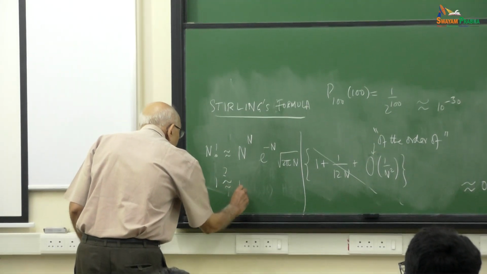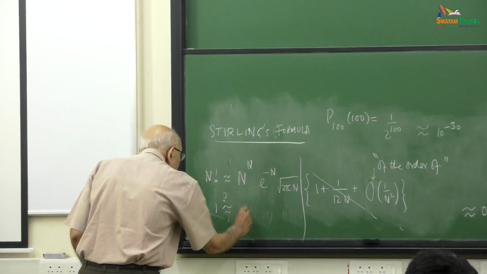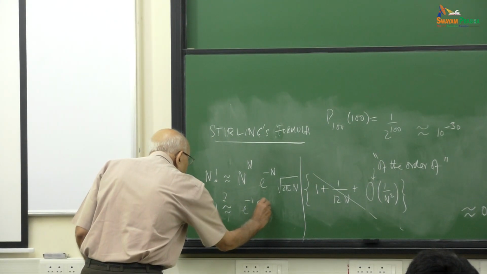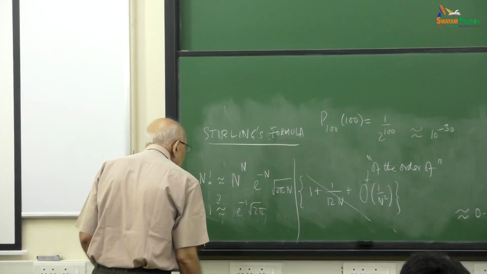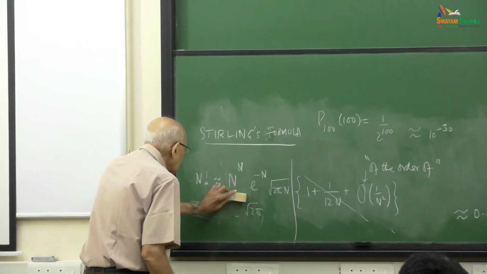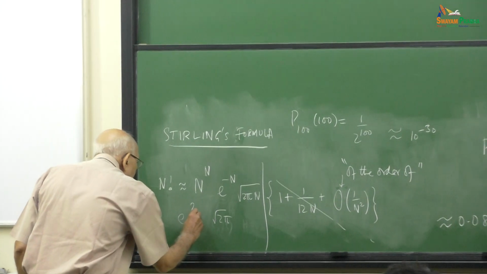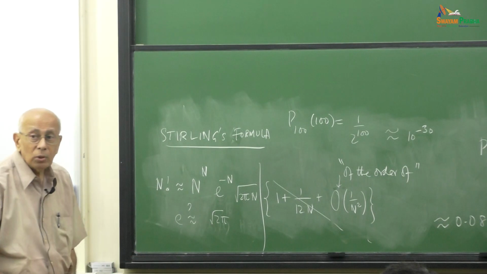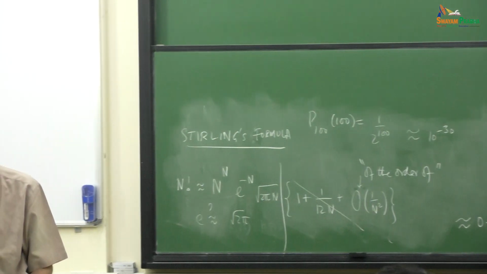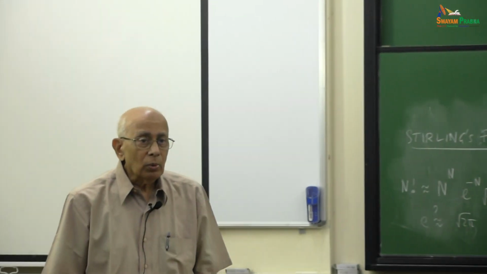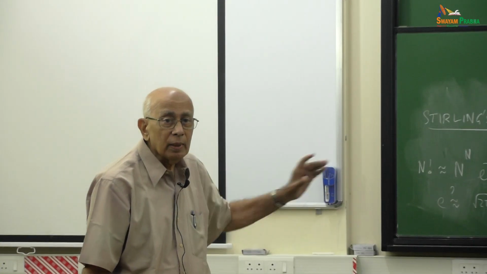Is that 1 to the power 1, e to the minus 1, root of 2 pi? So the question asked is, is e approximately root 2 pi? It's not equal to, they are very different numbers altogether. What would you say? I've given you enough data to tell me, is this true or not?